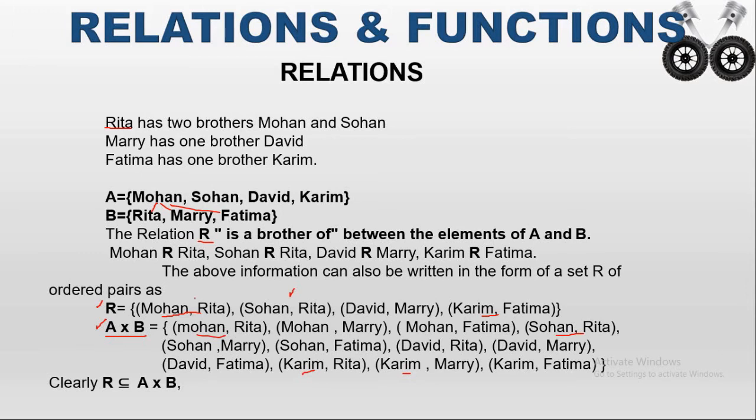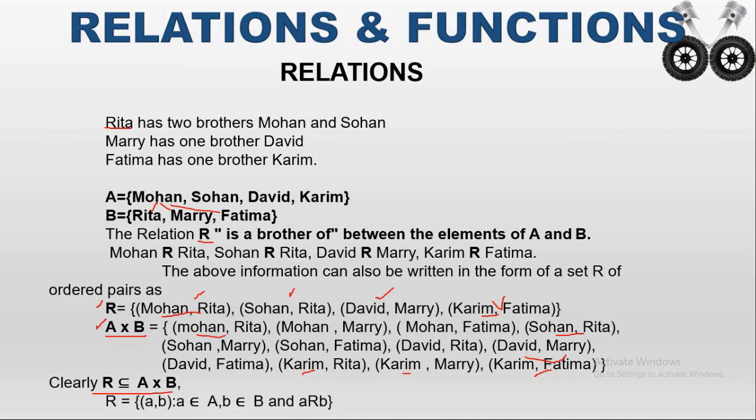Next one is (David, Mary), which is also in A cross B. Then (Karim, Fatima) is also in A cross B. So A cross B has many ordered pairs, and in those ordered pairs, some pairs of R are present. That means R is a subset of A cross B. Okay, so we can say R is a subset of A cross B.